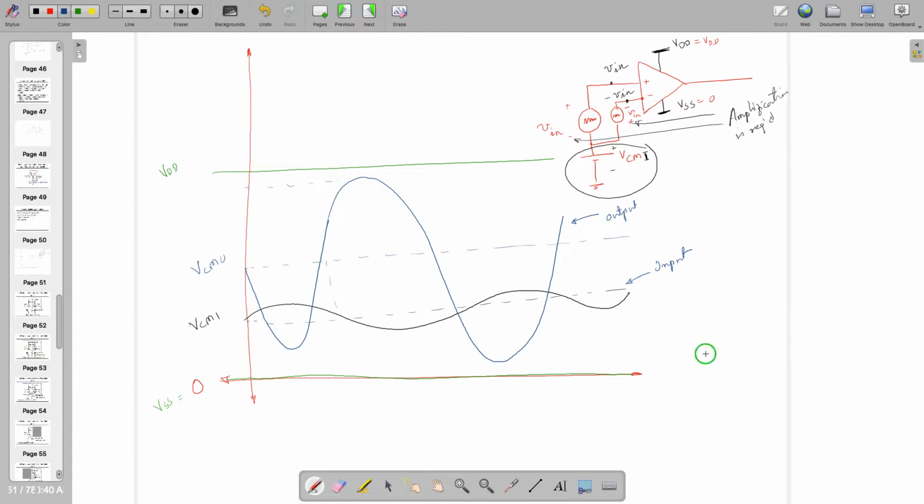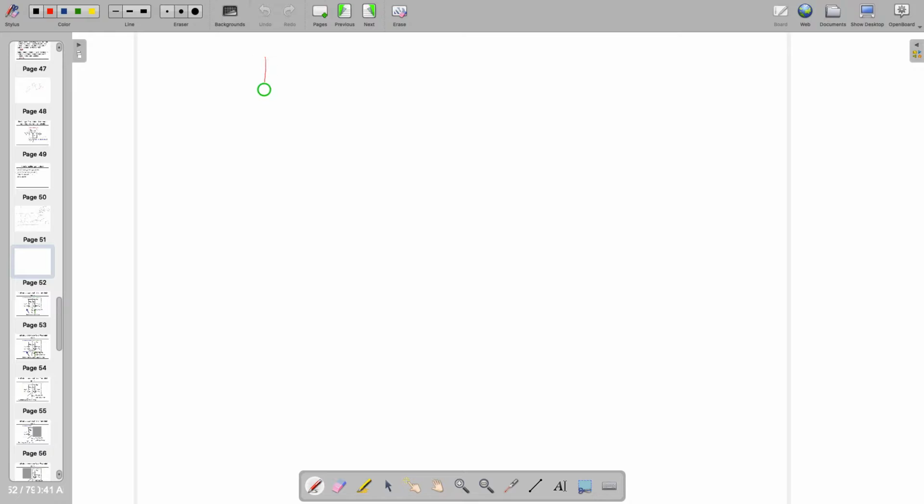Some people choose to use DSO setting with AC as one of the setting. However, it is desirable to use the DC setting for the probe. However, if you are using AC, then what is going to happen? This VCMO, VCMI will not be seen. However, it will come directly to the ground in the AC setting of DSO.